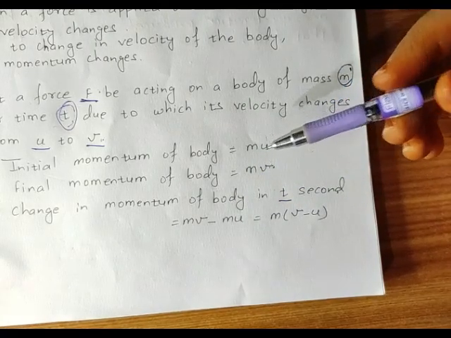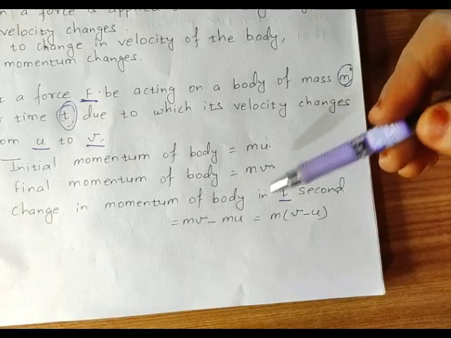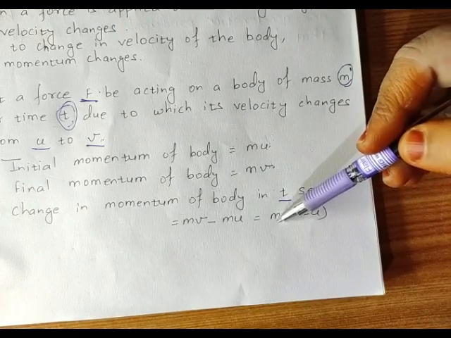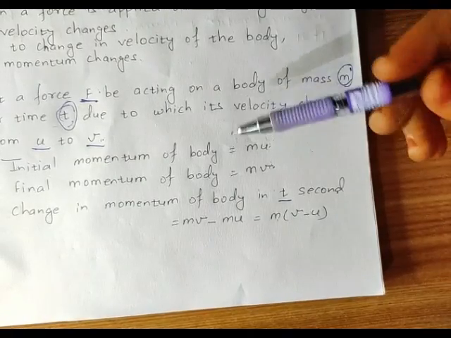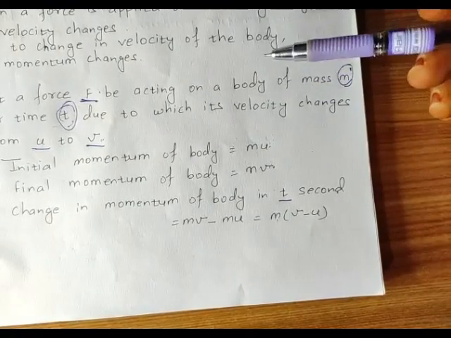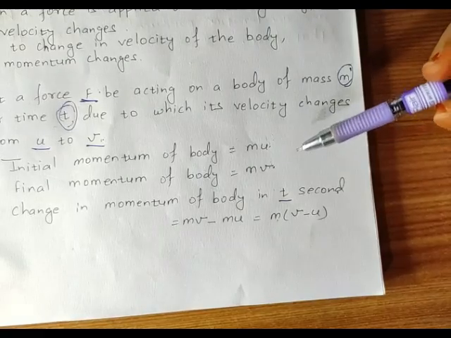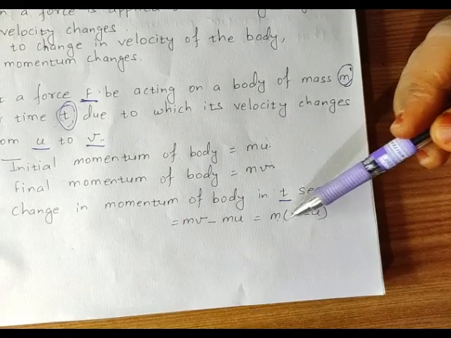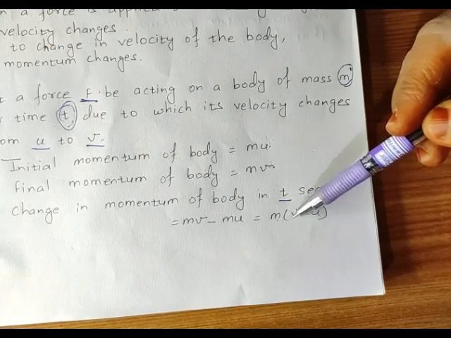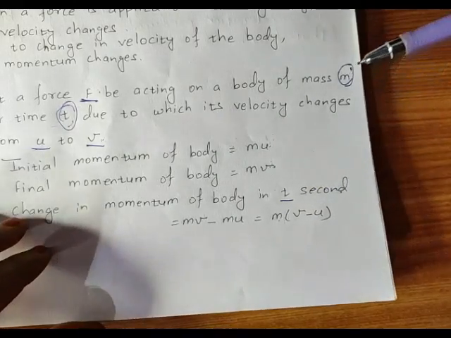Now the particle is the same, the body is the same, so its mass is also the same. Of course you applied force F and its velocity changes, but mass remains constant. So we take mass common, then what is left? M into (v minus u).